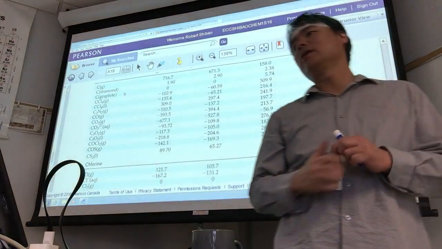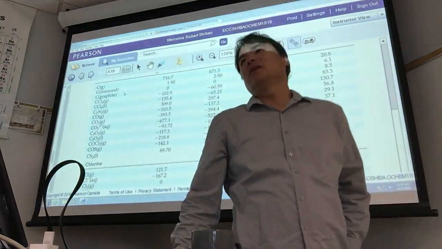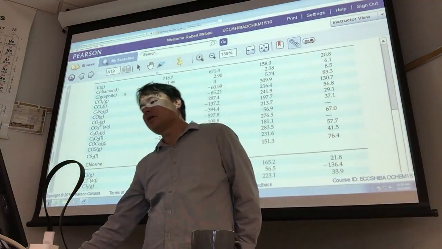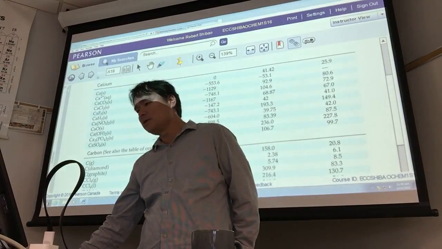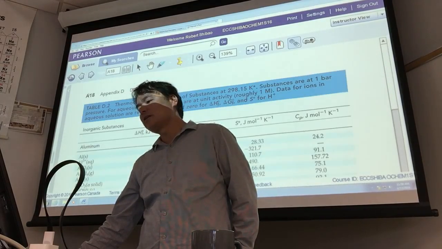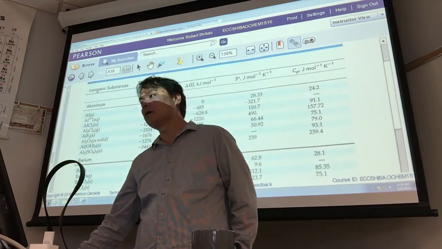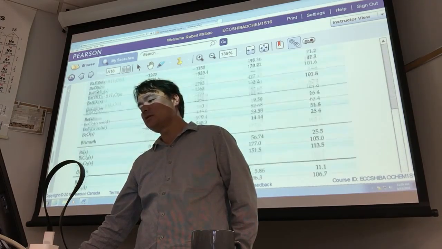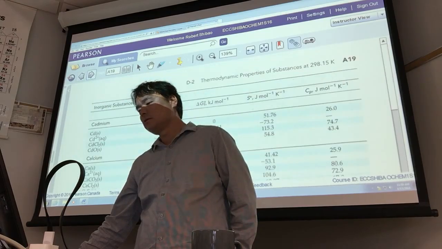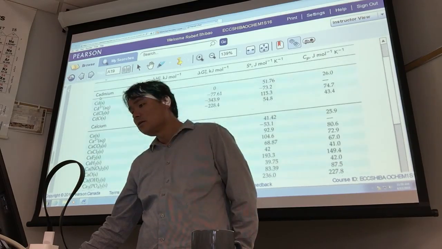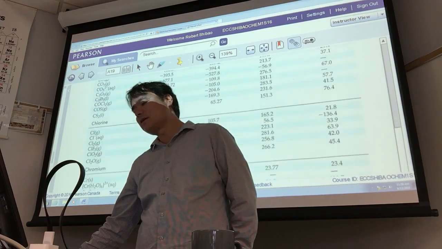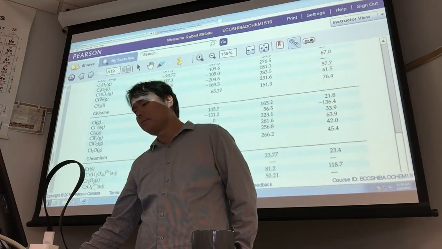Is that 0 as well? No. The standard enthalpy of formation is 0, but the entropy certainly is not 0. In fact, it's a gas. So we guesstimate that the gas should have an entropy greater than 200. And so let's see what the entropy comes out to. What is it? 130.7. So it has a fairly low entropy.